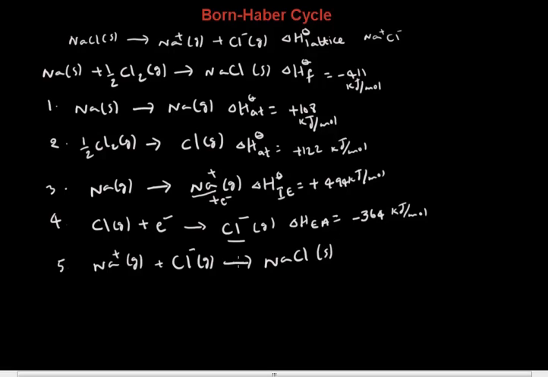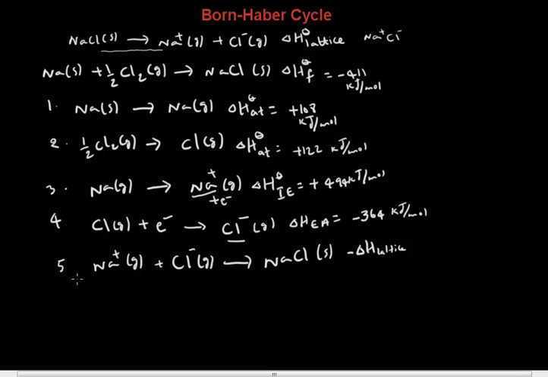If you compare this step to our very initial step, this is the reverse of our lattice enthalpy step. So I can write this as the reverse of lattice enthalpy, delta H lattice, because this equation number 5 is nothing but the very first equation that has been flipped or reversed. I just want you all to take note of that.